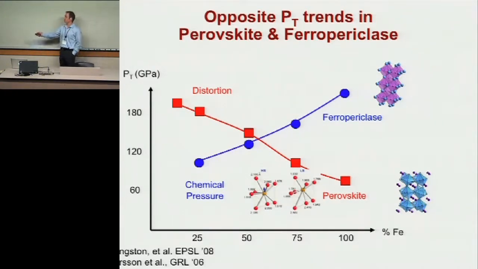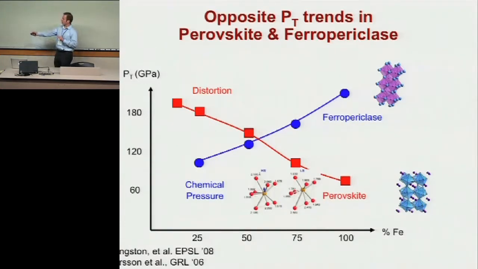Renata as well has shown some very nice results that are in generally very good agreement with what we found. In ferropericlase, because of the constraints of the structure, you get an effect one might call chemical pressure, where as you add more iron, it effectively expands the system and requires more and more pressure to drive the spin transition.